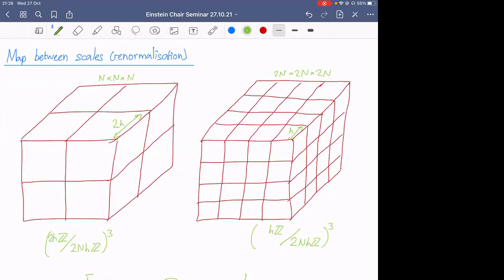Now, what happens when you compare different scales? So let's suppose that we have our cube subdivided into, well, here we had the 2n by 2n by 2n lattice with size h, and then we go to a coarser lattice with size 2h, n by n by n.